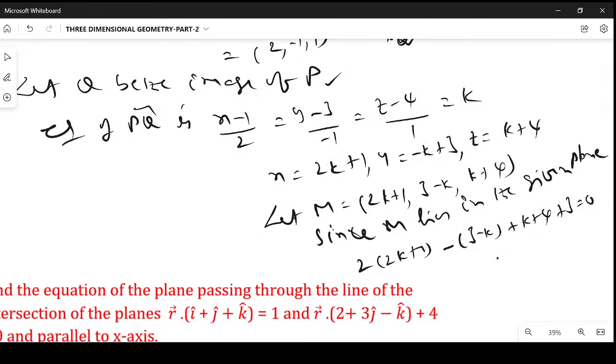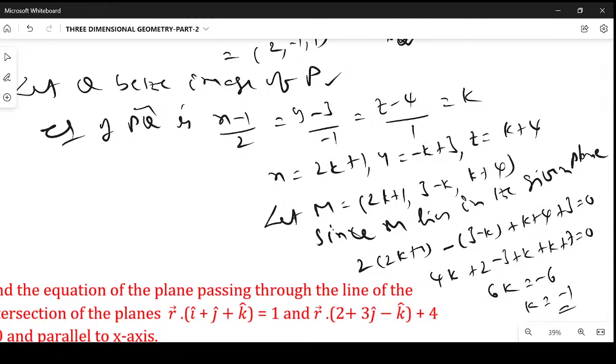We can find the k value by simplifying: 4k + 2 - 3 + k + k + 4 + 3 = 0, giving 6k + 6 = 0. So 6k = -6, and k = -1.